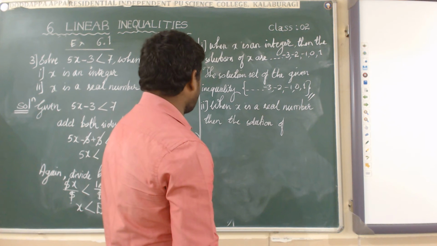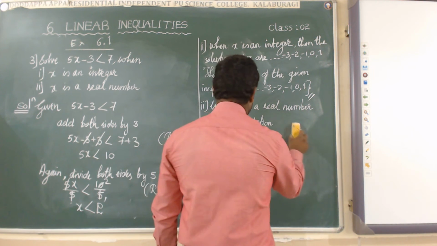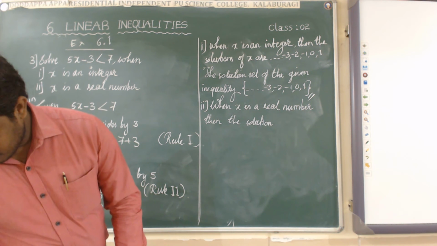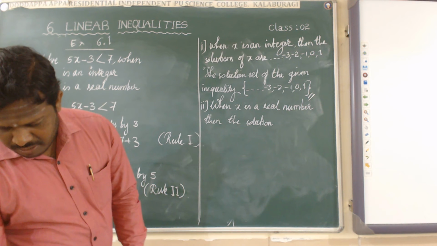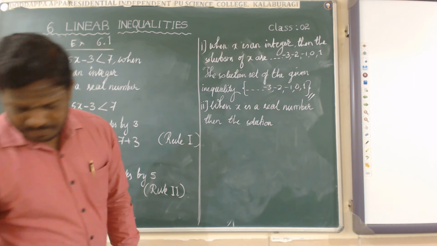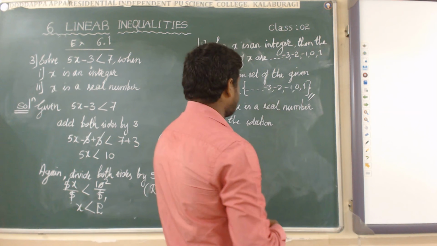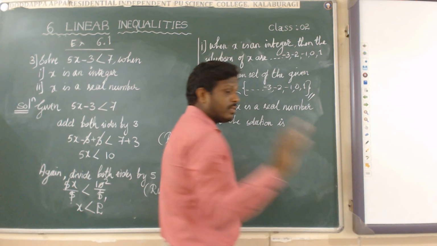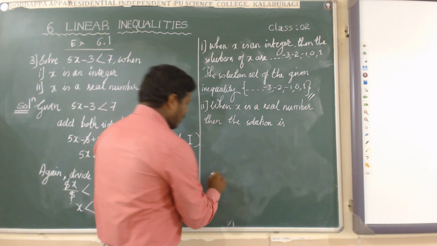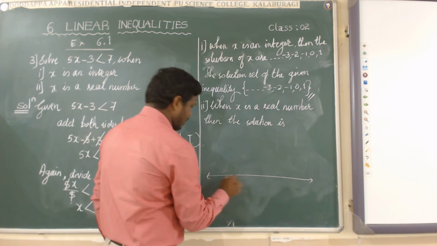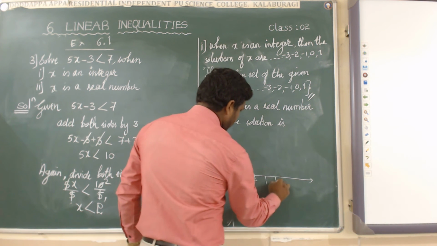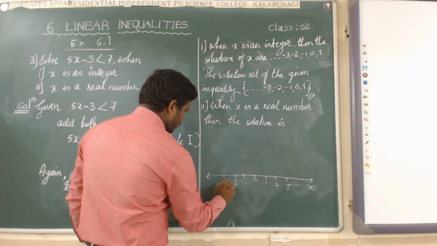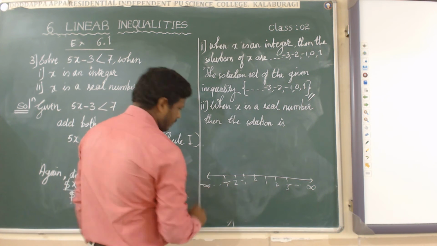When x is a real number, then the solution is written by using the intervals. The values of x will be coming: 0, 1, 2, 3 and so on, positive infinity; minus 1, minus 2, minus 3 and so on, minus infinity.